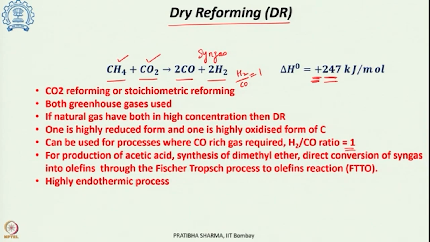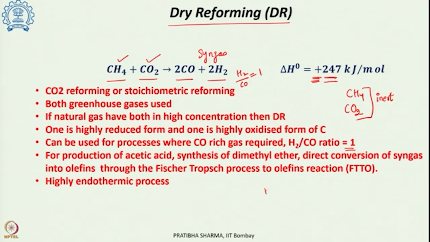The reason for the high endothermicity is that both the feedstock and the oxidant are relatively inert. This is the stabilized form, and if they have to react, an activation energy is required to make them react. That is why high energy is required; it is a highly endothermic process.